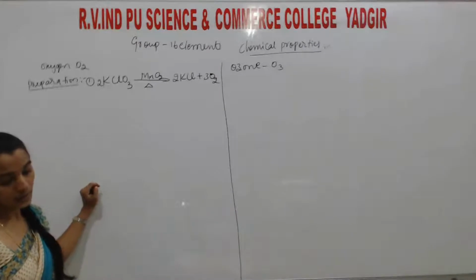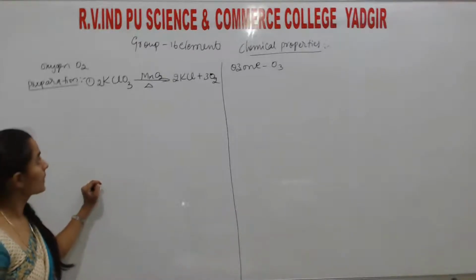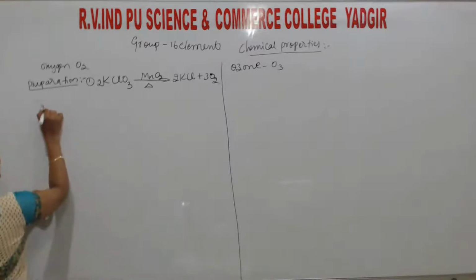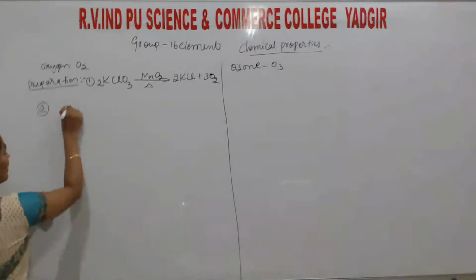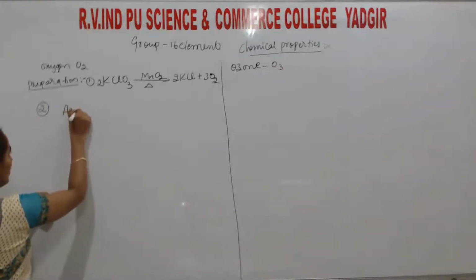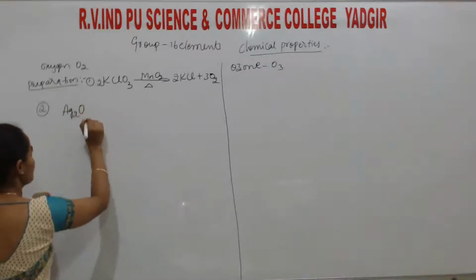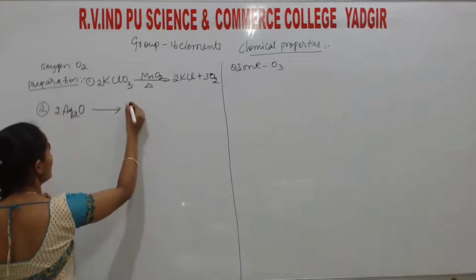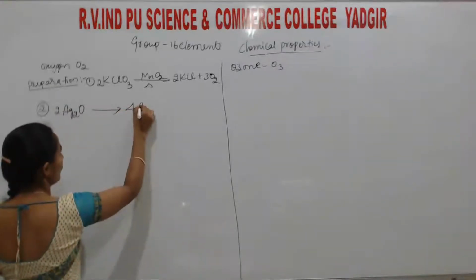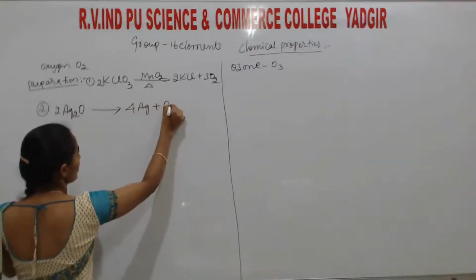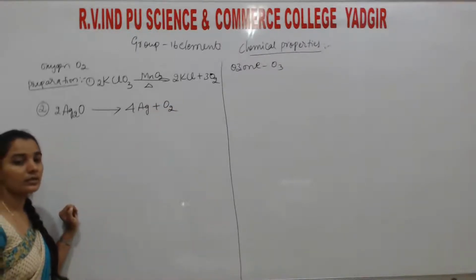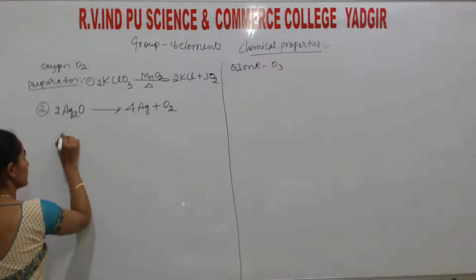This is one type of preparation. Next, second type is from metals like Ag2O, 2 moles. Upon decomposition, they give 4Ag plus O2.